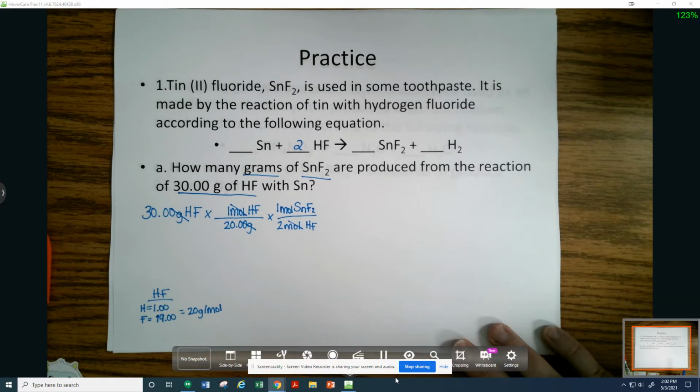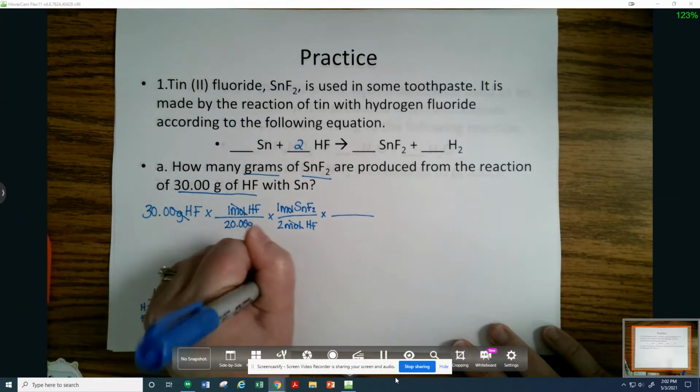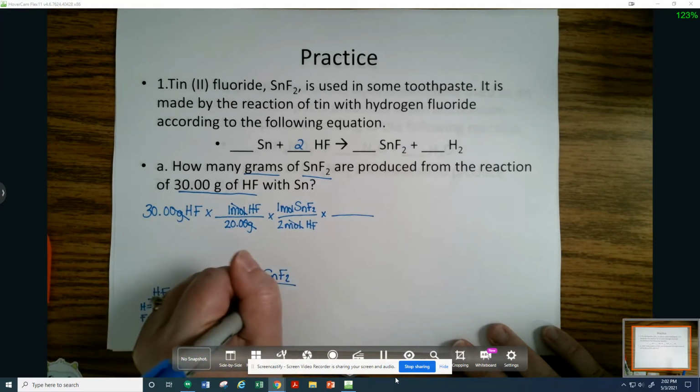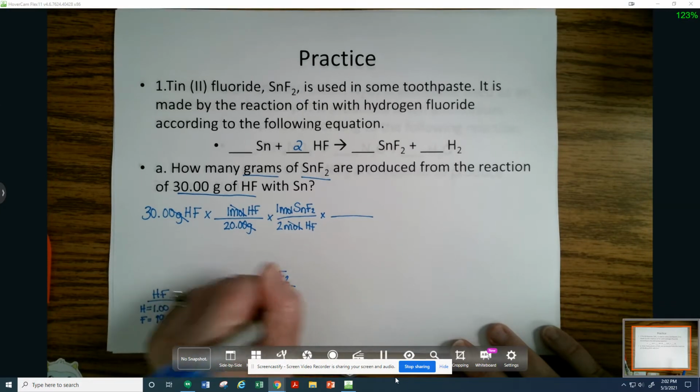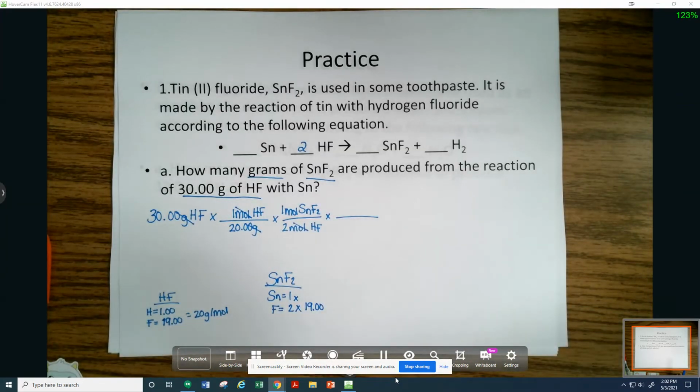Like before, now that we've exchanged from our reactant to the product we're looking at, the tin 2 fluoride, we need to know the molar mass of SnF2. So we have tin and we have fluorine. We have 2 fluorines, and so that's 19 and tin. Looks like it's 118.